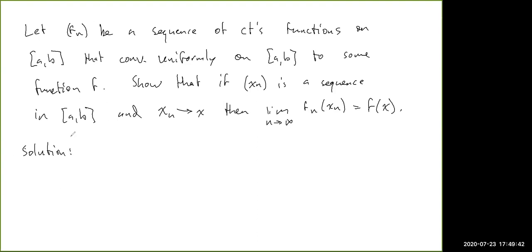From the continuity, I guess, of f itself, you can set delta to be |x minus xn|, and then f of x minus f of xn is less than epsilon over 2. And then from the continuity of each fn, you can set, again, delta to be |xn minus x|, and then fn of xn minus fn of x is also less than epsilon over 2.